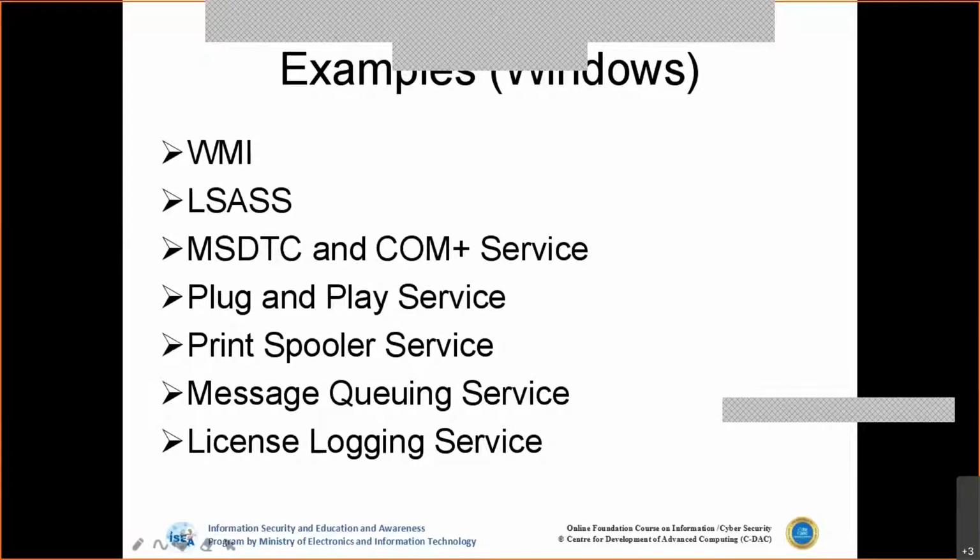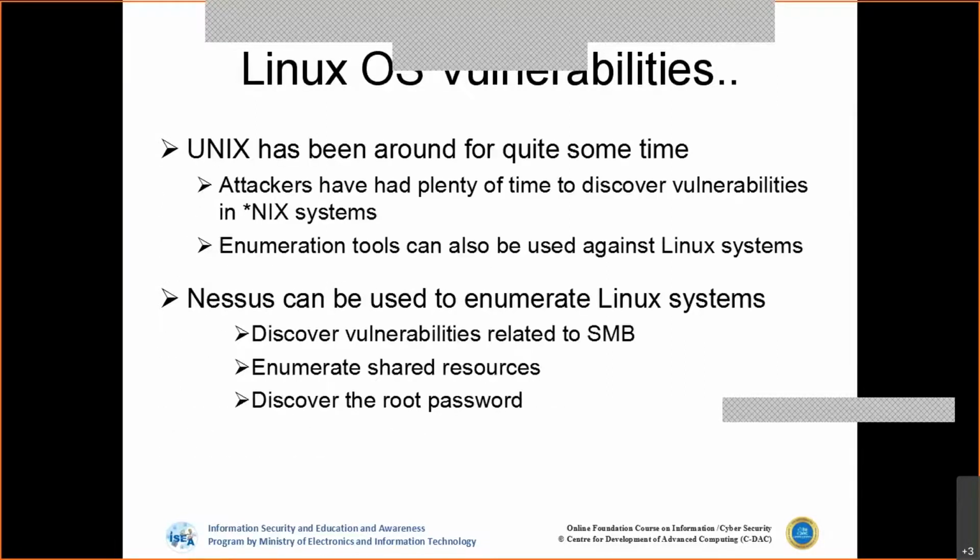So these are some of the services available on Windows. If any vulnerabilities are associated, then they can be used to exploit. Not only Windows, even for Linux we have certain vulnerabilities. It's not that Linux is less prone to attacks. It's not the case.